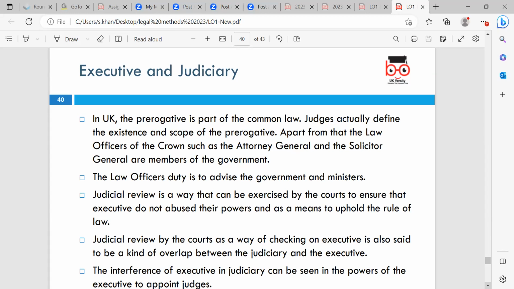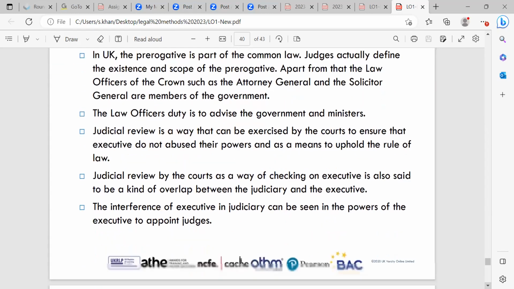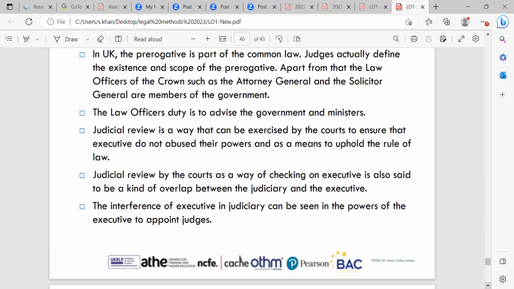Judicial review is a way that can be exercised by the courts to ensure that the executive does not abuse its powers, and as a means to uphold the rule of law. Judicial review by the courts as a way of checking the executive is also said to be a kind of overlap between judiciary and executive. The interference of the executive in the judiciary can be seen in the powers of the executive to appoint judges.